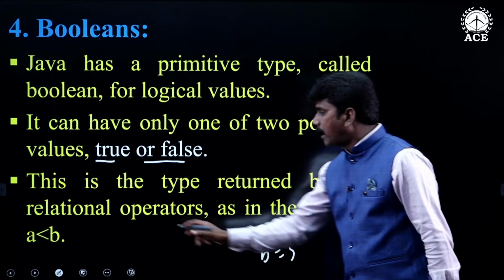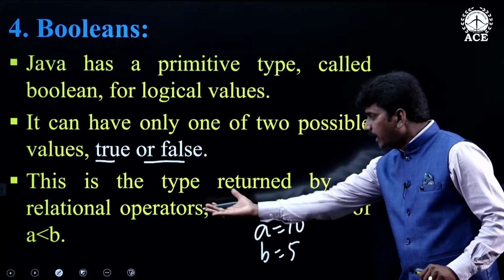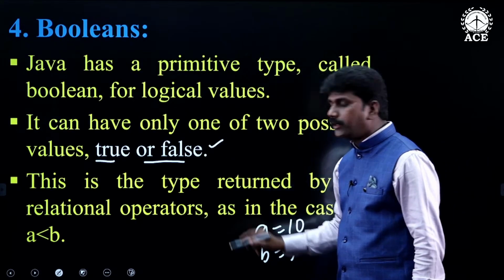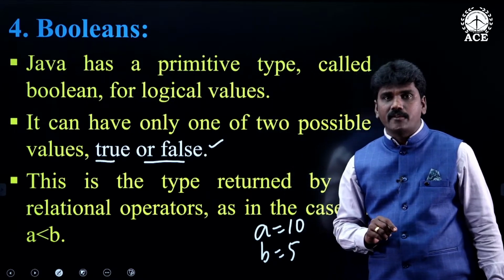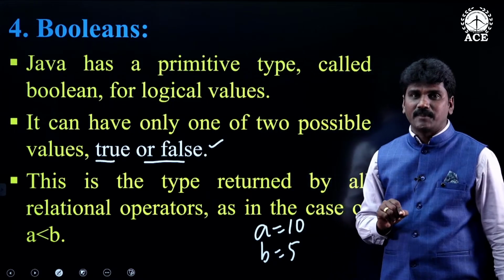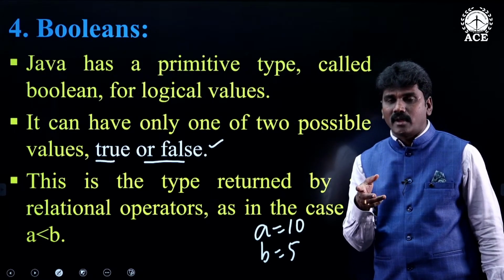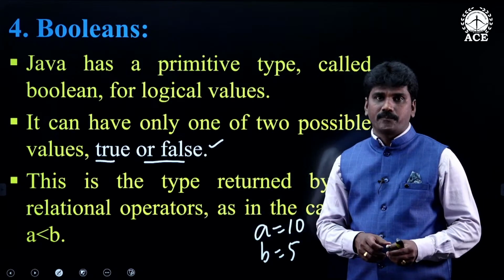If we apply A less than B, what happens? Is 10 less than 5? No. In that case, what value does it return? False, right? Boolean is the last data type in Java. What values does it contain? True or false. How do we decide? Based on the condition we are using.